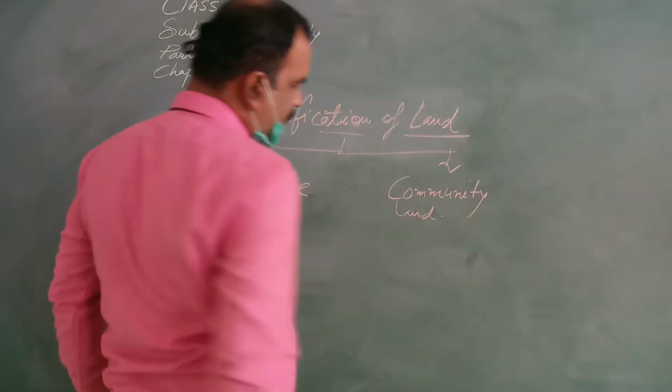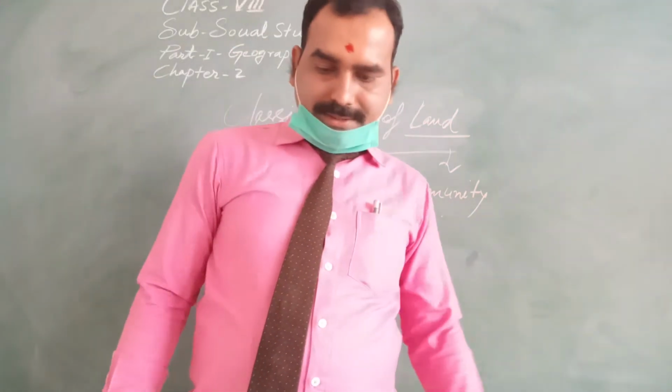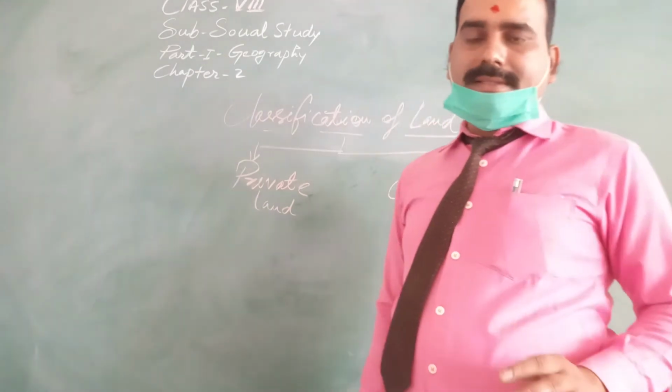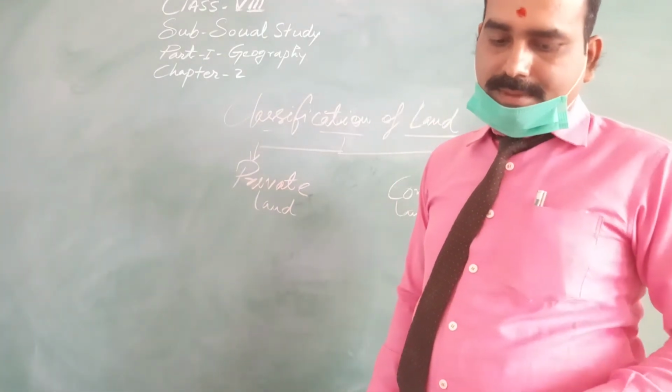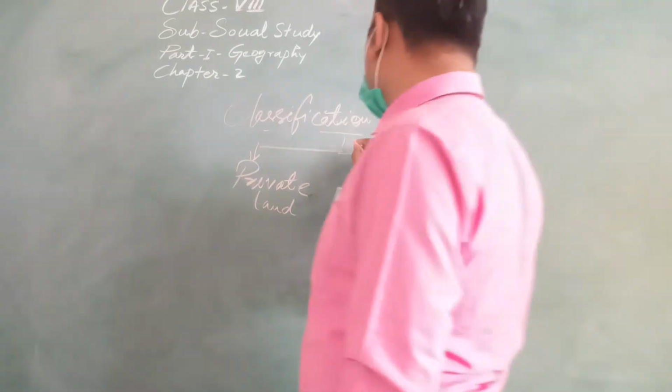So dear students, what is called private land? Land can be classified on the basis of ownership: private land and community land.